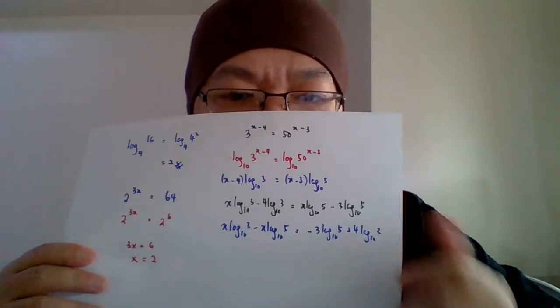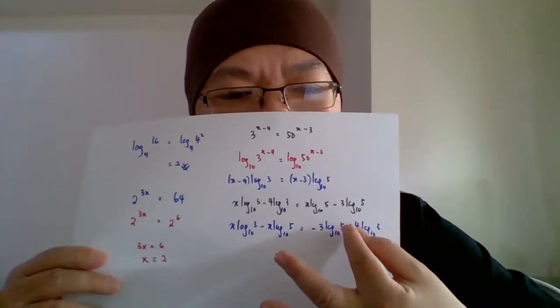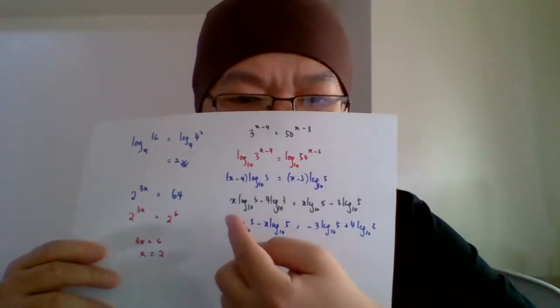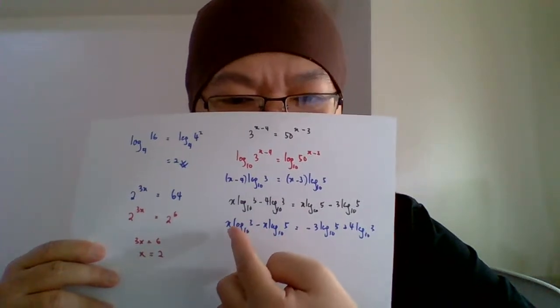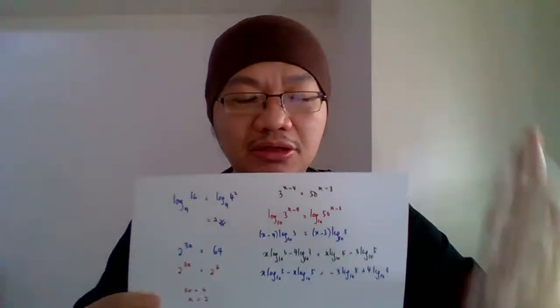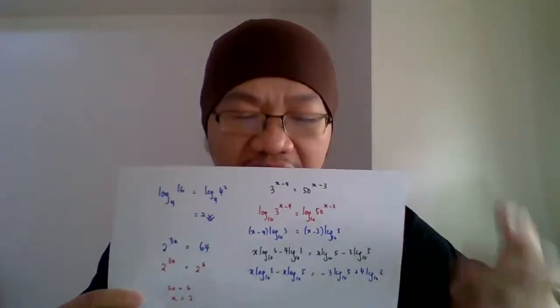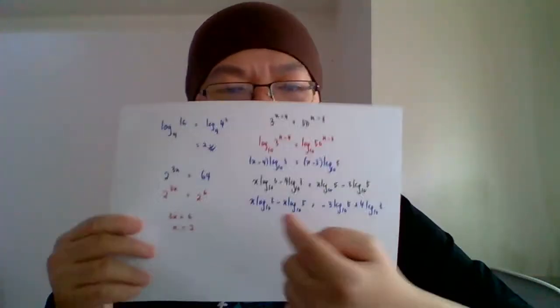Okay guys, this is what will happen after we regroup. You see, I pull all the x on the left side and I pull all the numbers on the right side. So you see, x log 10 of 3 and x log 10 of 5, this is x and x, right? What we can do, we can factorize it because we are trying to determine x. We want to solve the problem, that means final answer x equals something.